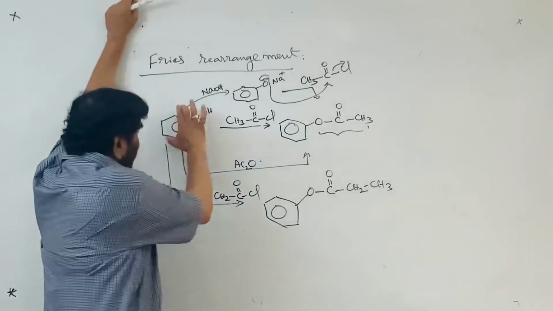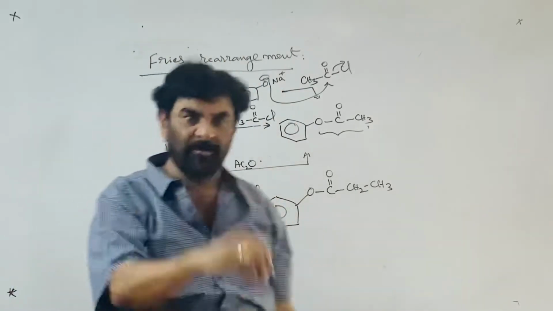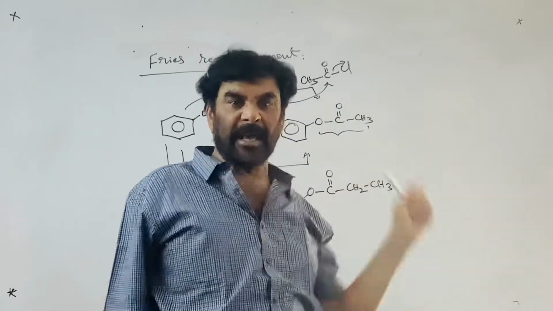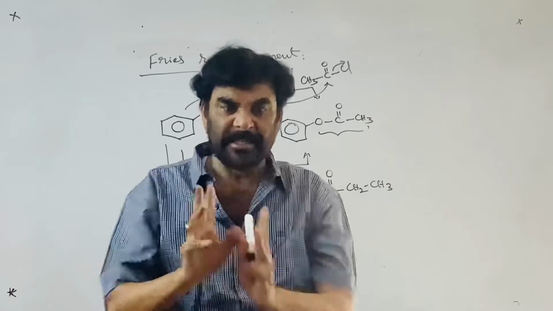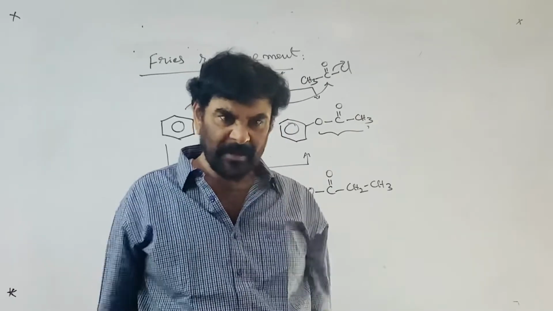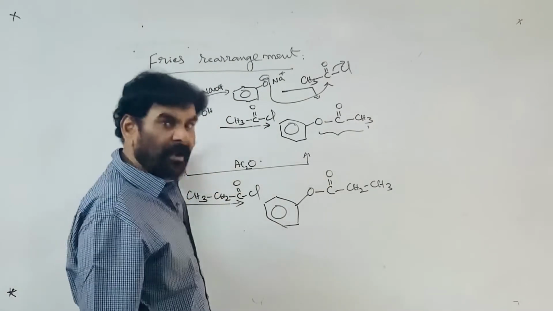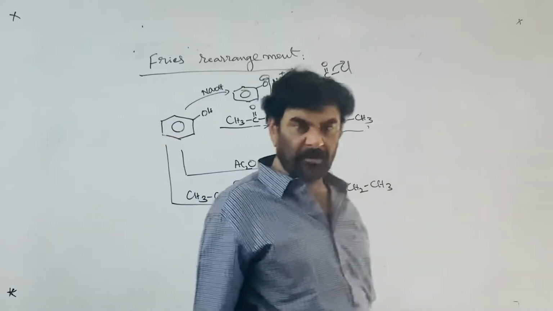But here the ring is a nucleophile, and OH with two lone pairs of electrons is also a nucleophile. The OH is a better nucleophile than the aromatic ring. Therefore the electrophile reacts with the OH and not with the ring, because the ring is less reactive.